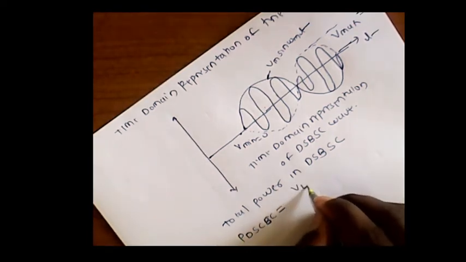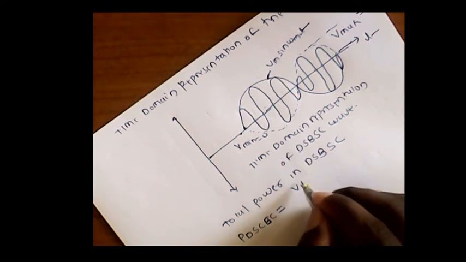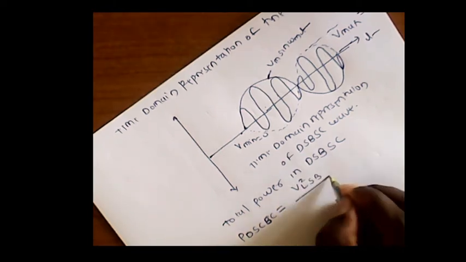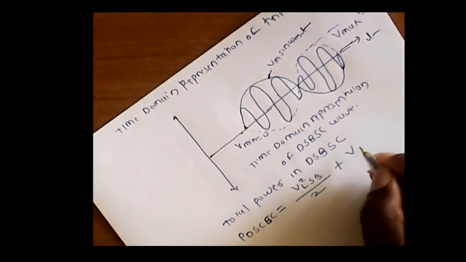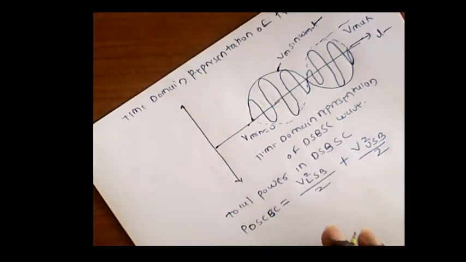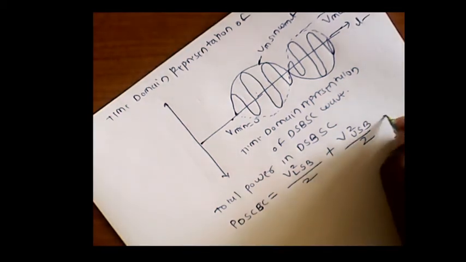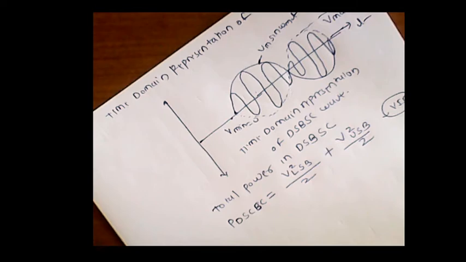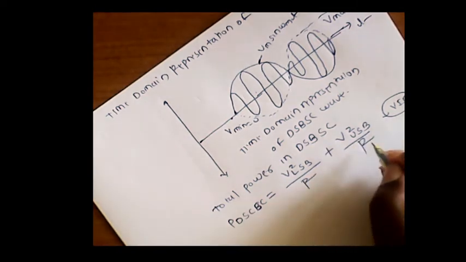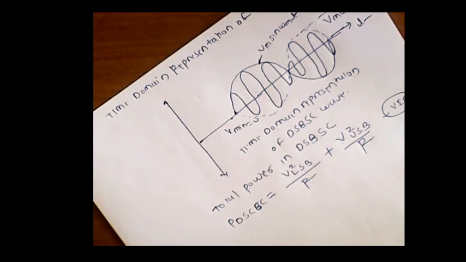So the power in double sideband suppressed carrier is equal to the square of the amplitude of the lower sideband component divided by R plus the square of the amplitude of the upper sideband divided by R, where all voltages are in RMS values. So this is equation number 8. All these values are in RMS, and R is the resistance in which the power is dissipated.